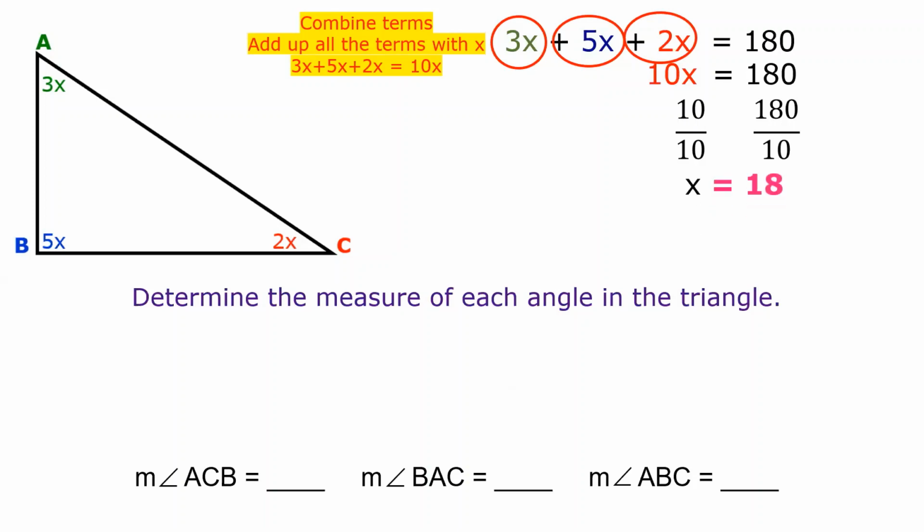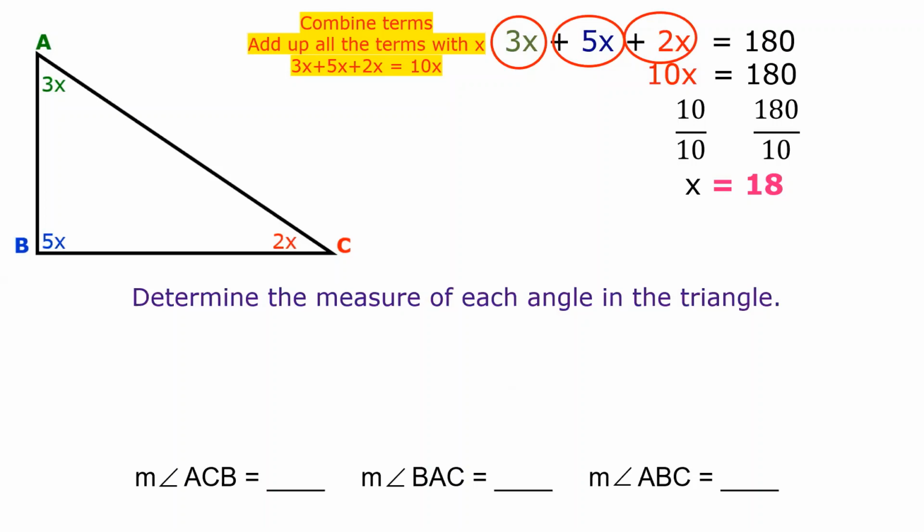Now, 18 is not your answer. 18 is the solution to the x variable that is missing. To find the measure of each angle, you will need to know which ones they're asking for.